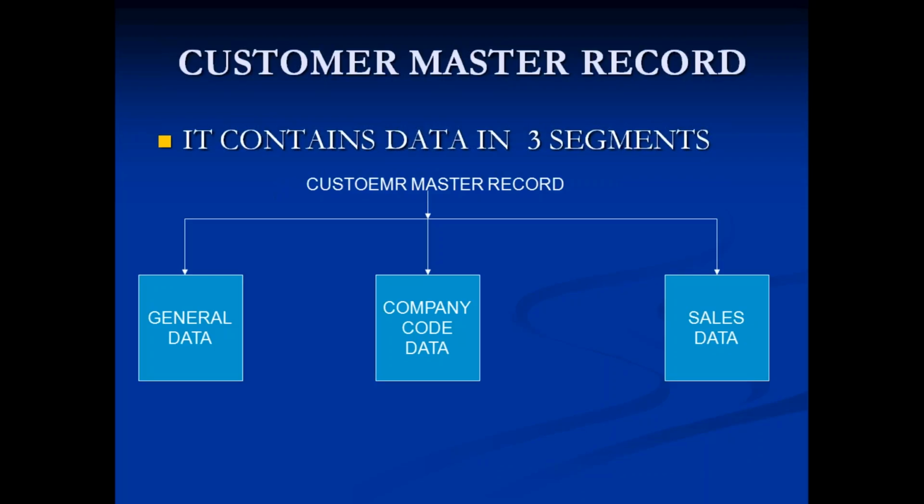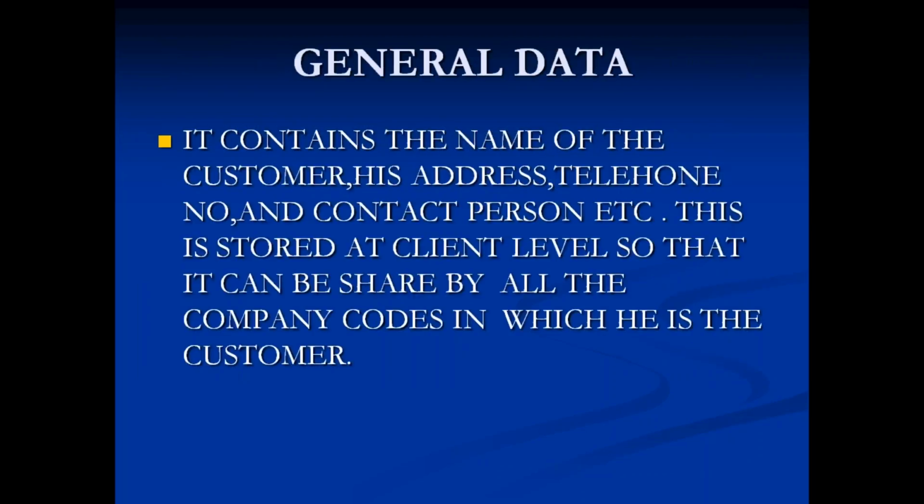Under the general data, we can have his name, address, contact number, and this information we maintain at the client level. Any information maintained at the first level, the general data, is common to every company code; you will find it in every company code, because this information is maintained at a group level.